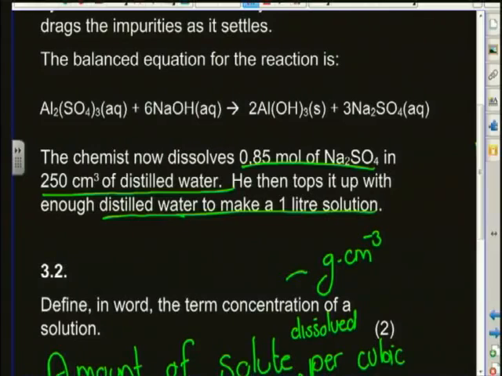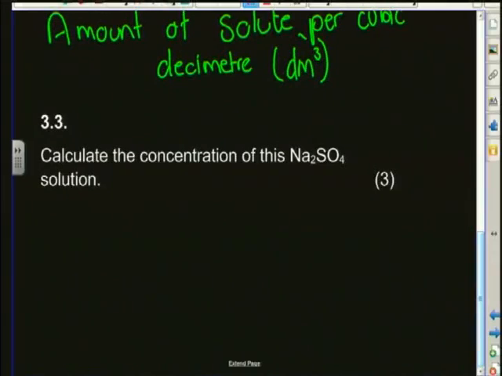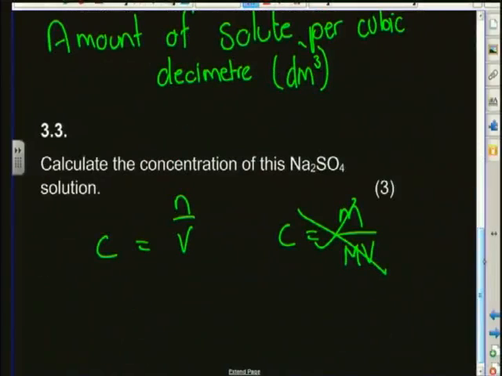Be very careful, grade 12s, because concentration, there's a couple of equations. Concentration is number of moles over volume. Concentration is mass over molar mass times volume. Not going to use mass over molar mass because we don't have mass. Silly. But I was told, if we look earlier, that the number of moles is 0.85.